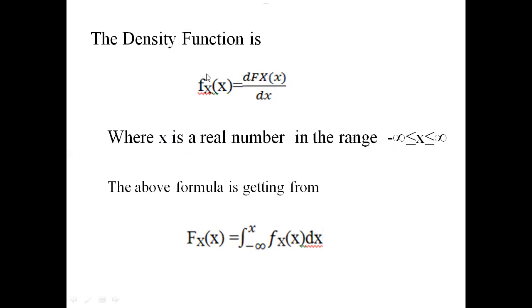How are we getting this formula? In the previous lecture, for continuous random variables, the probability distribution function is the integration of small fx of x, the probability density function.